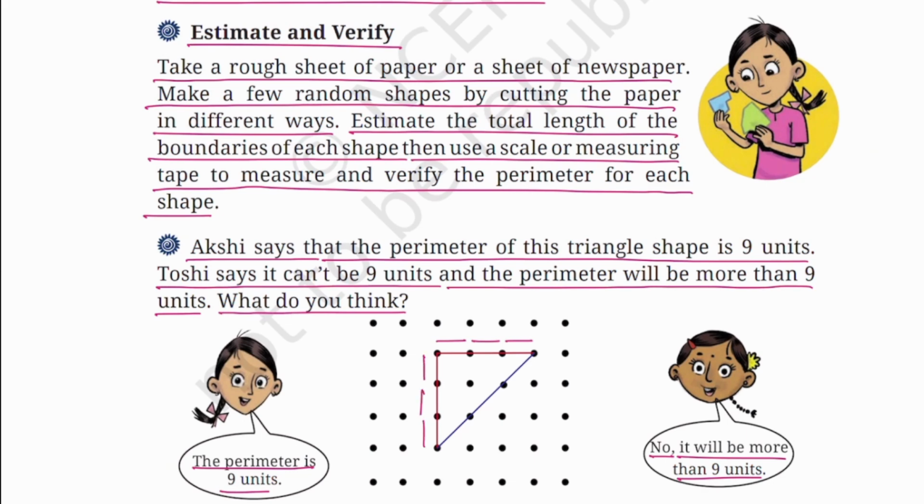You can see this length, that is a part of the blue one, is longer than the red one, so it should be more than 3. So this one 3, this one 3, and this one more than 3 will be overall more than 9. So Tosi is correct. The perimeter will be more than 9 units.